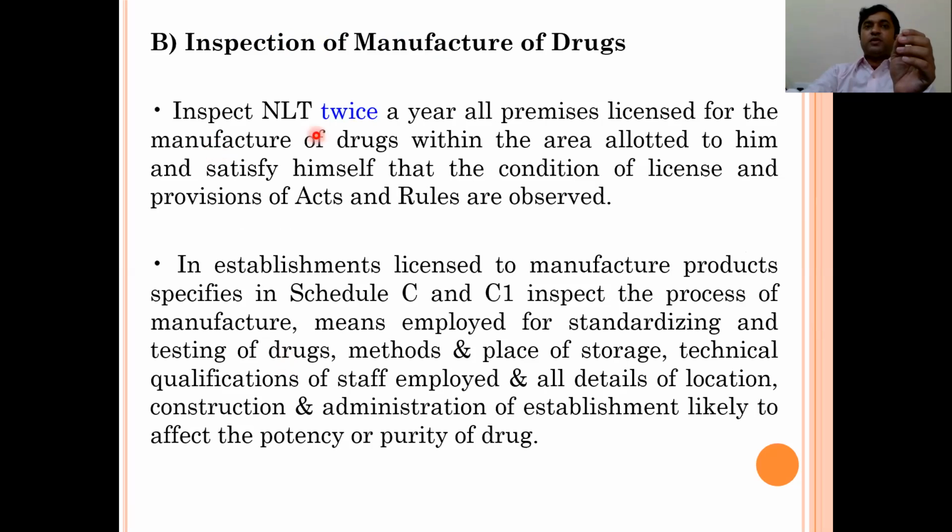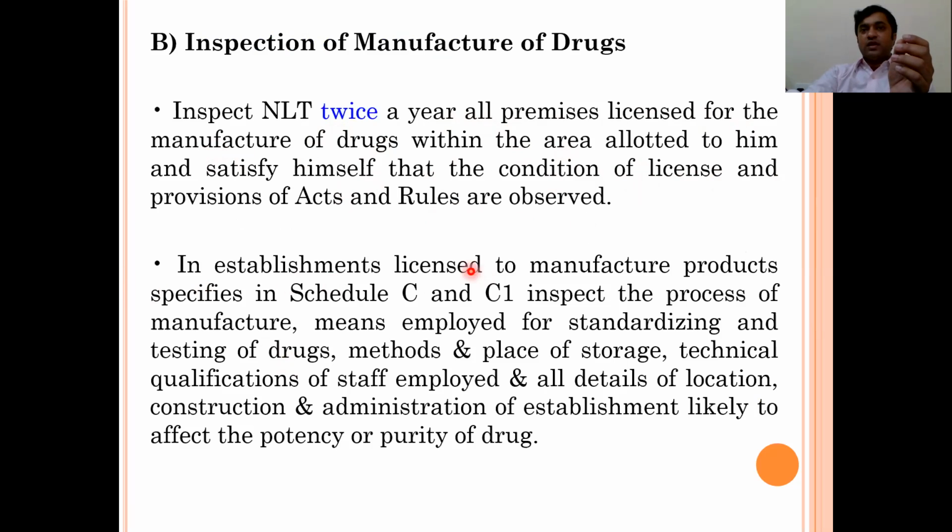Next, inspect not less than twice a year all premises licensed for the manufacturing of drugs within the area allotted to him and satisfy himself that the conditions of license and provisions of the Act and rules are observed.